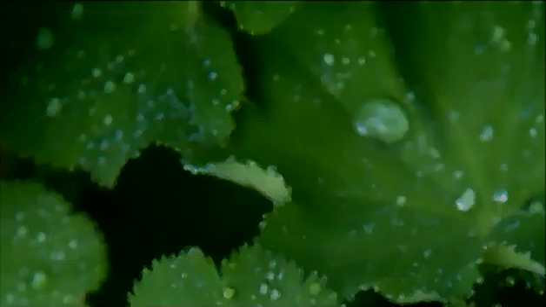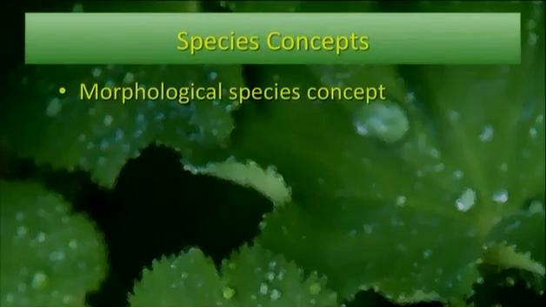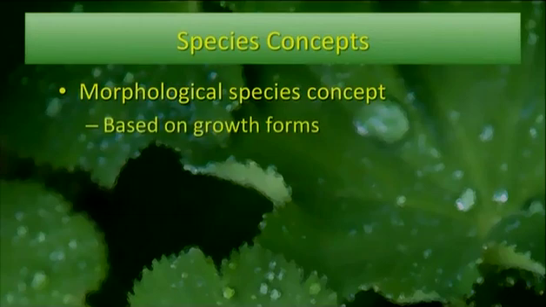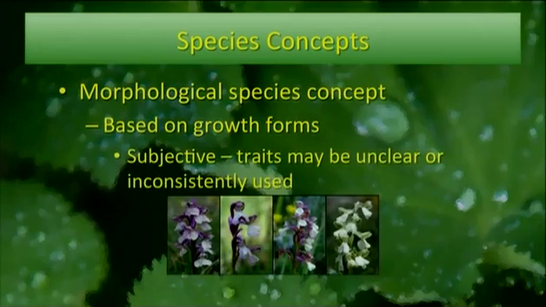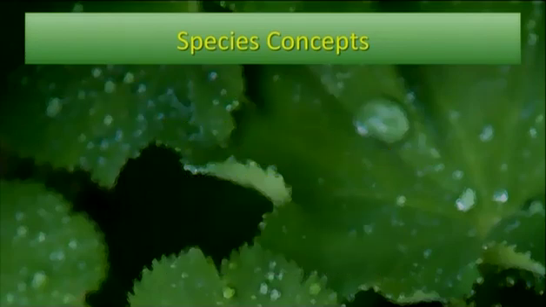Now we have species concepts. We have the morphological species concept, which is based on growth forms. A drawback of this is that it can be subjective. The traits may be unclear or inconsistently used, but still some people do use the morphological species concept, which is based on form.